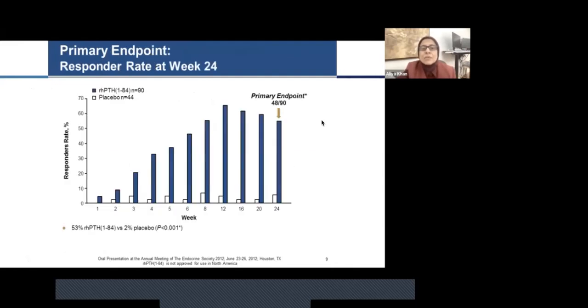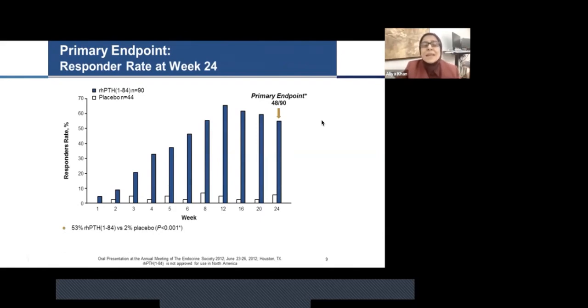So what was the answer? Well, what was seen at week 24 was 53% of people who were taking the recombinant human PTH were able to achieve that goal. And placebo, it was minimal. So placebo meant the calcium and active vitamin D supplement arm.